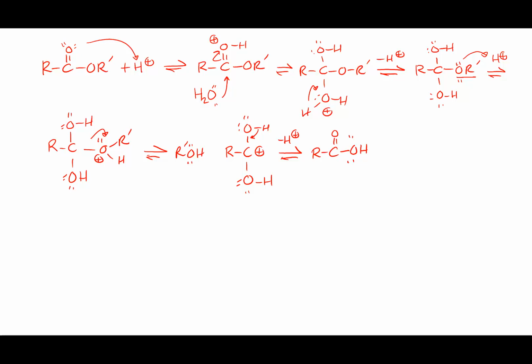Also remember that this does have a resonance structure. If I take this pair of electrons and move it there, so that it more resembles a protonated carbonyl, and that protonated carbonyl then would lose H plus to form the carboxylic acid.